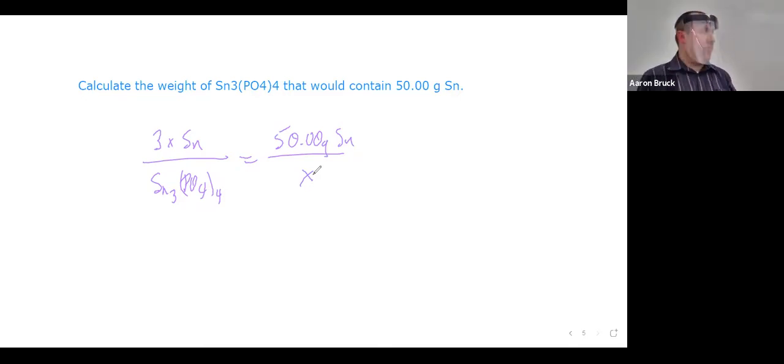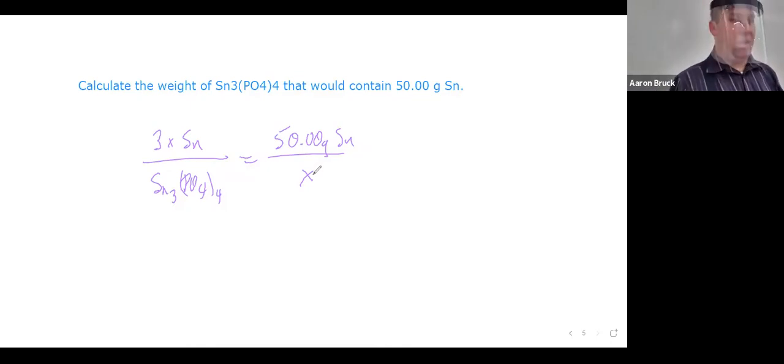And it's not a bad approach. The downside to it, obviously, is that you've got that X in the denominator, so you're going to have to do a little bit of flipping around to isolate the X properly, but you could do it.